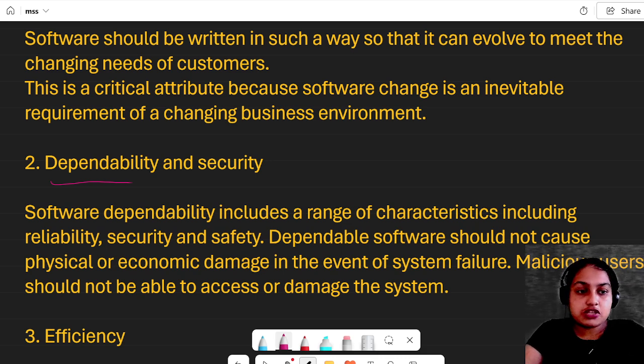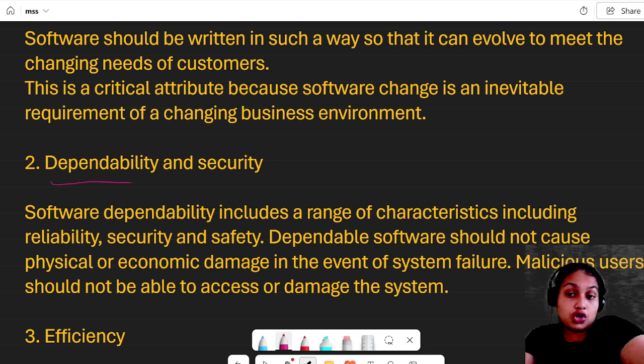Dependable software should not cause physical or economic damage in the event of a system failure. A customer will of course depend on the software, but if there is any system failure, that should not cause any physical or economic damage to the customer. So that is dependability.